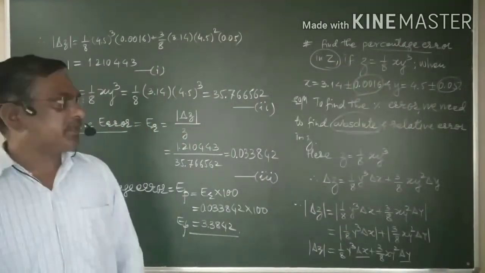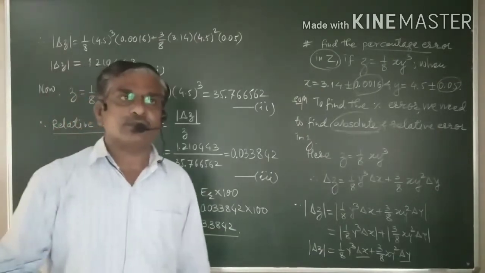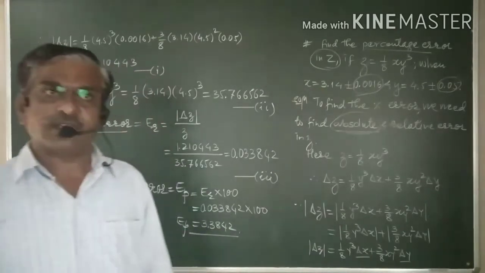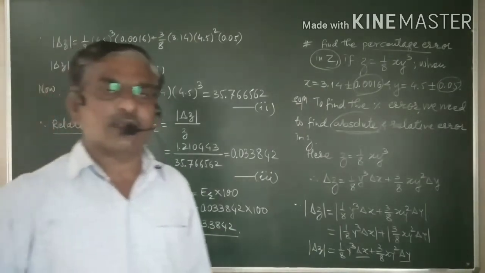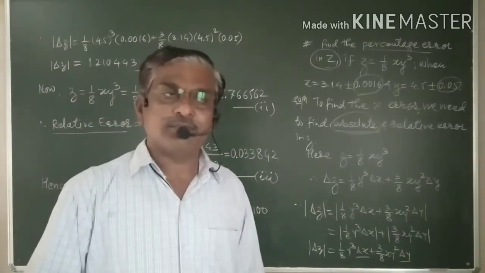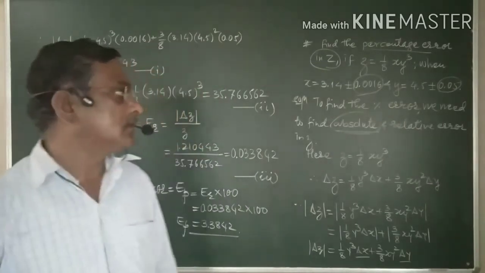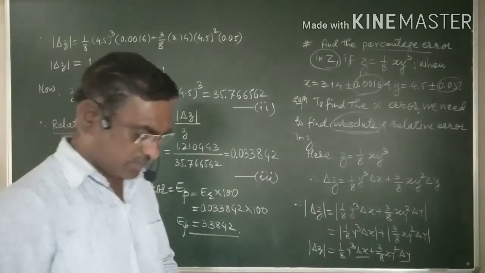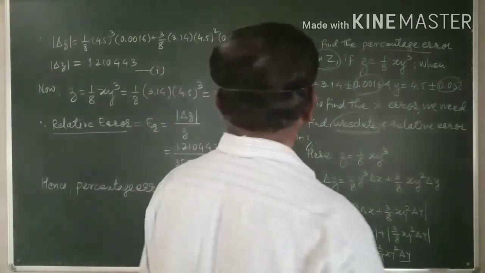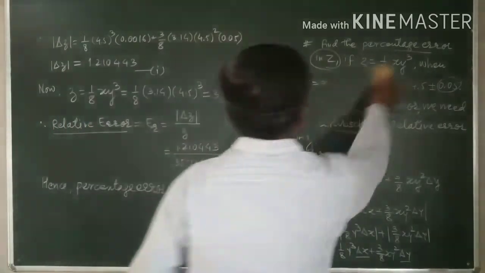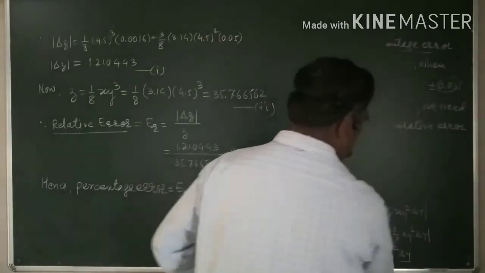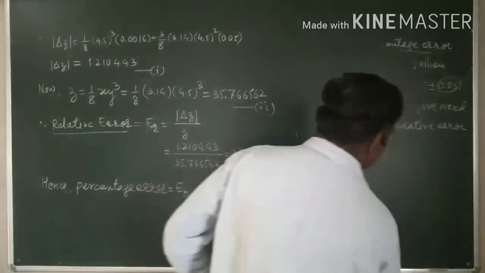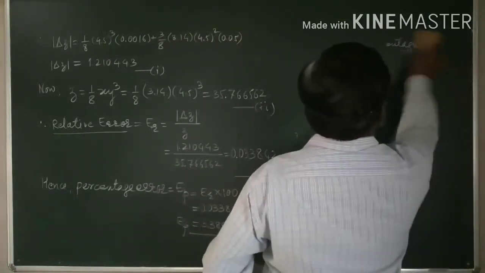In this way one can find out the percentage error, relative error or absolute error in a given number or in a given argument. Now the next type of problem will be like this.